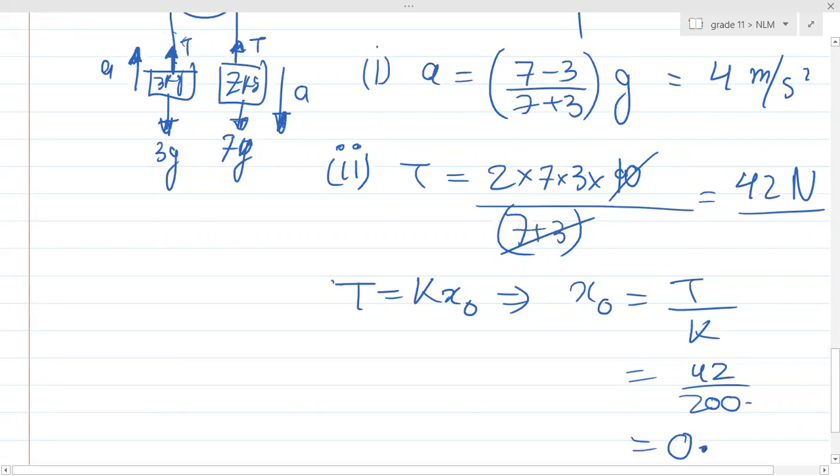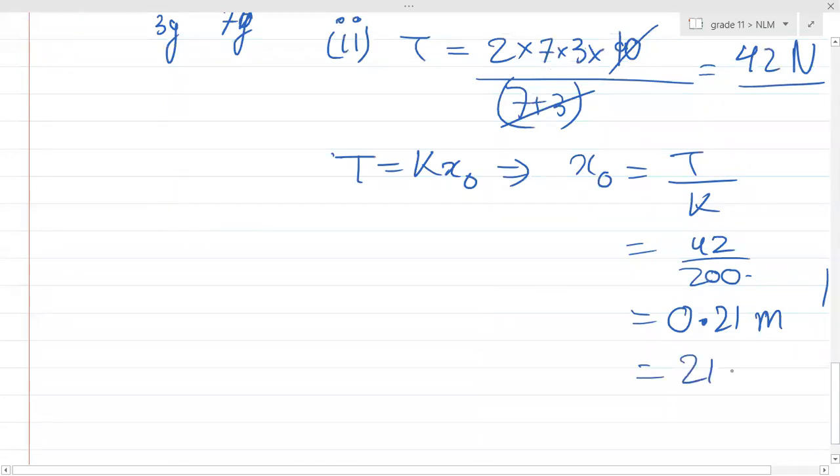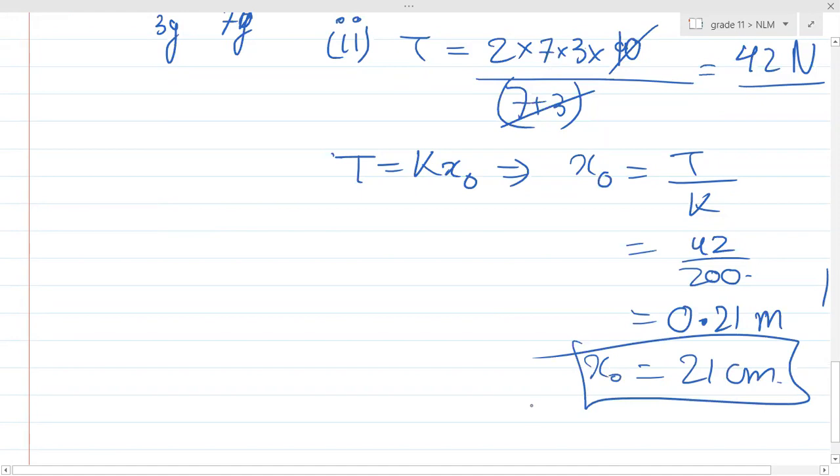So it is 0.21 meters, or you can say 21 centimeters. Is this clear, guys? Yes. So this is how you will do the problems which have springs in it. I'll give you some more problems related with the same thing.